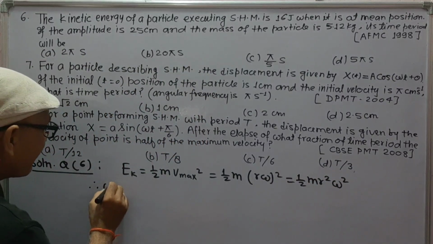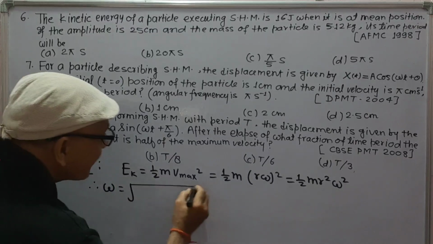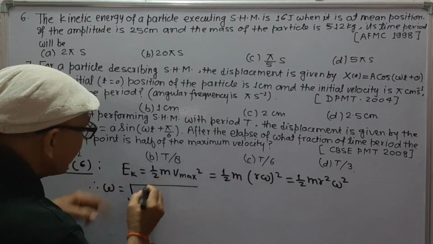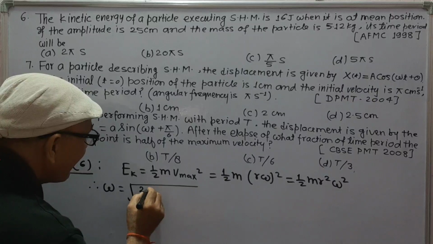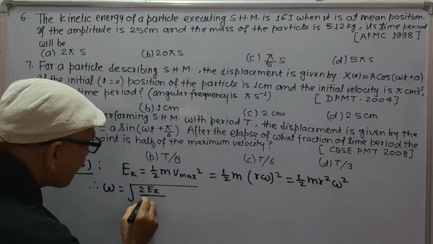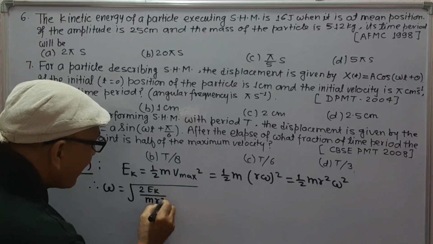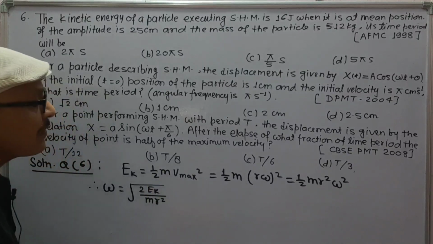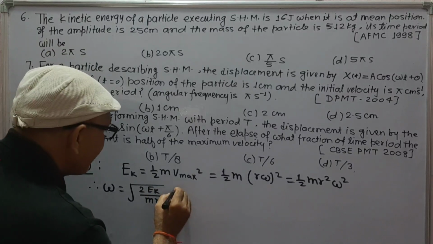Therefore, omega will be equal to under root 2 Ek divided by m r square. Values are known.